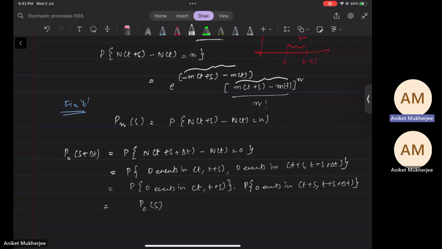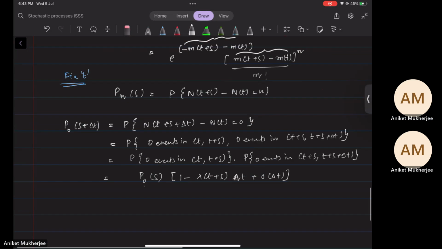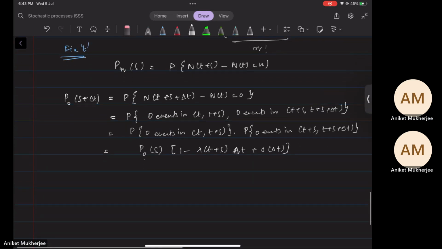This is the probability of having zero events in an interval of length s after t, and for a small interval Δt, for 0 you have 1 minus λ(t + s) Δt plus o(Δt).